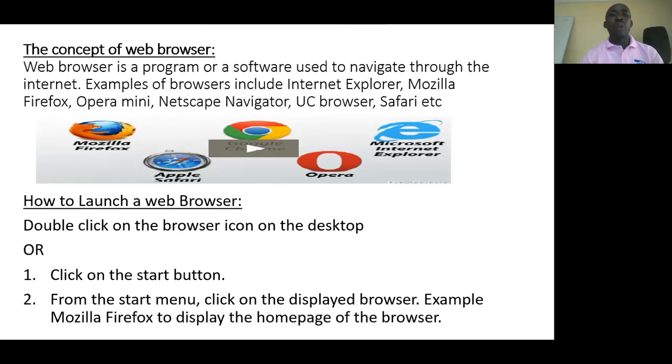If you want to open a browser and have access to the internet, the first procedure is by double-clicking on the browser icon on the desktop, or click on the Start button on the taskbar. From the Start menu, click on the displayed browser, for example Mozilla Firefox, to display the home page of the web browser.